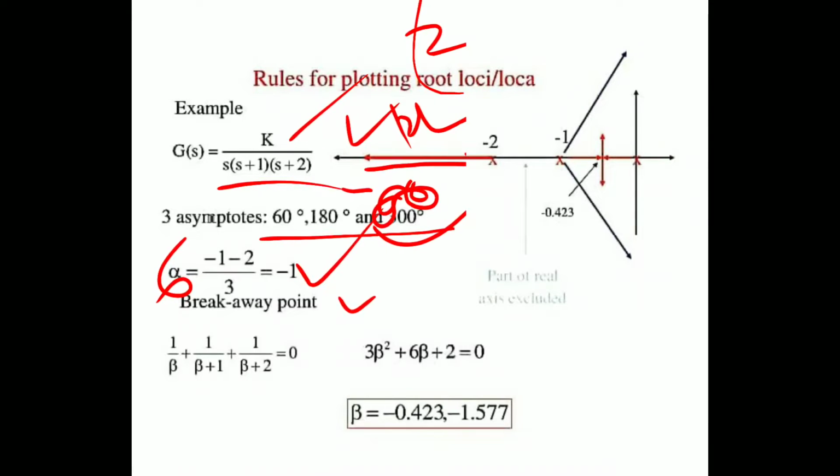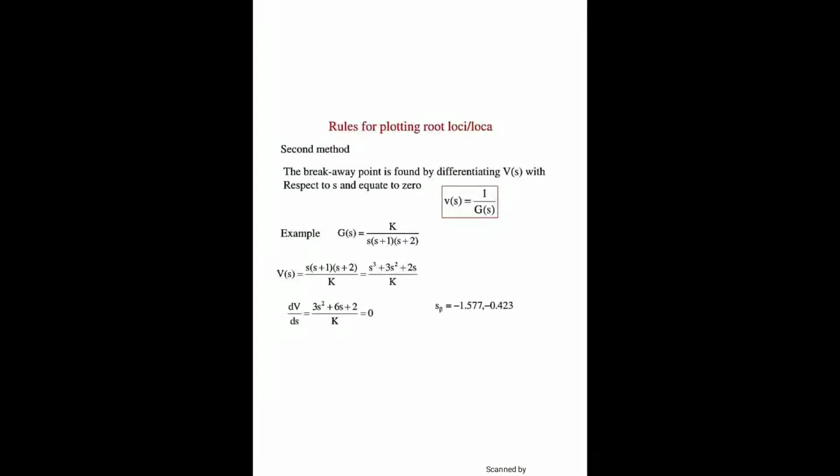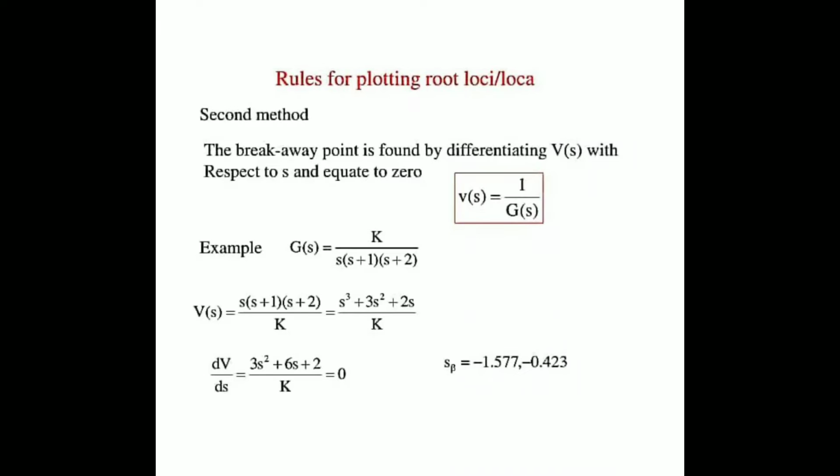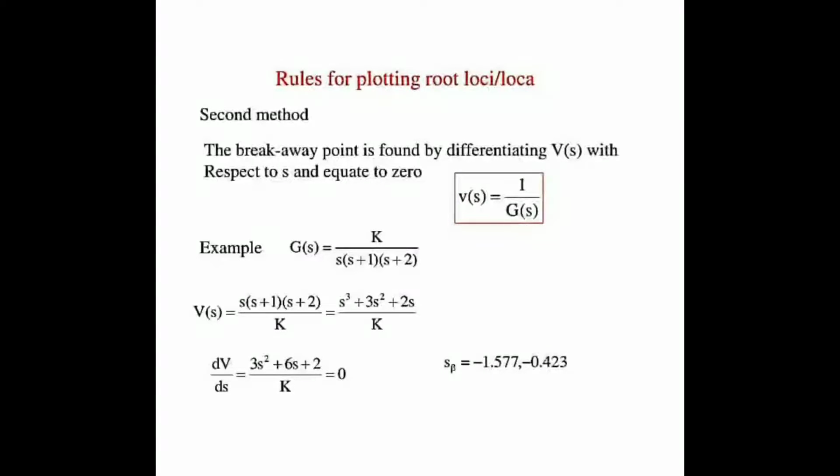So minus 1.57 is an invalid breakaway point. So what is the valid breakaway point? Minus 0.423.